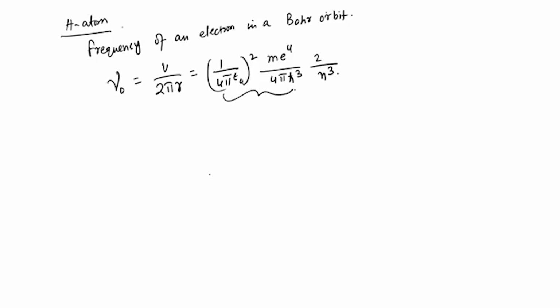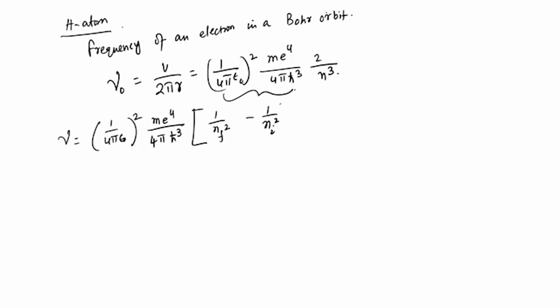Okay. Now, the same nu, if you are talking about two levels, any two arbitrary levels which could be large, it is again 1 by 4 pi epsilon 0 whole square, and there is m e 4 by, not 2 pi, there is a 4 pi h cube, and then we have 1 by nf square minus 1 over ni square.